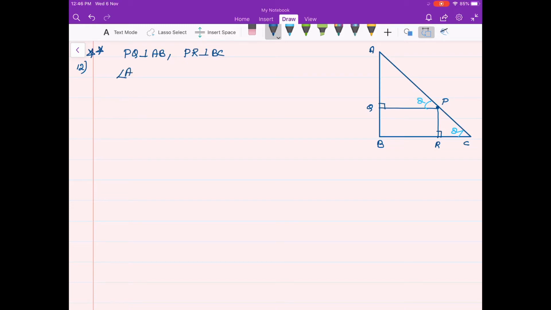Angle APQ is equal to angle PCR is equal to theta. Write the reason, they are corresponding angles. We will take PQ distance as a, PR as b, or you may interchange and take PQ equals a and PR equals b.